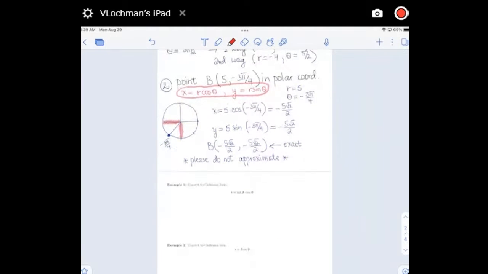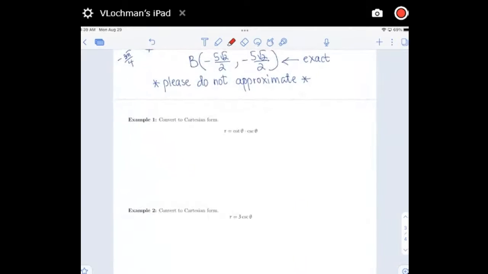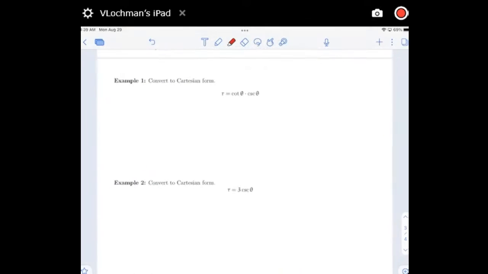Before we get into graphing, let's get really comfortable with conversion and with the whole idea that now we have this whole new way of writing curves. The next few examples will just ask us to do algebraic steps to go from one system to another.